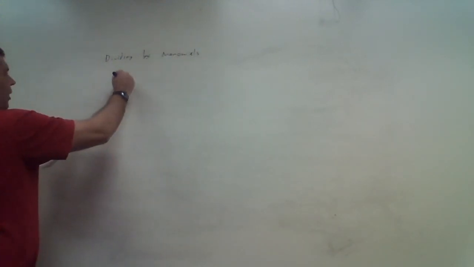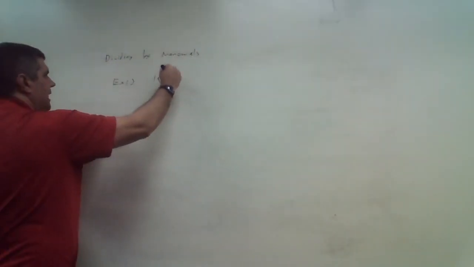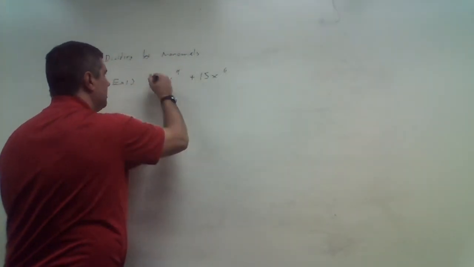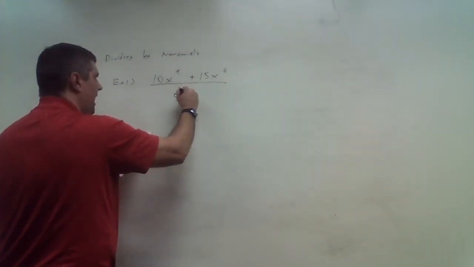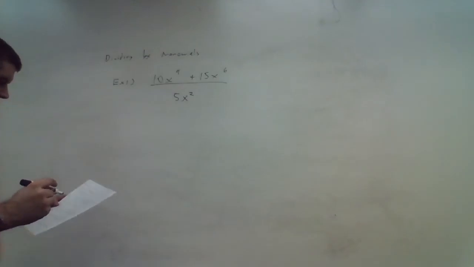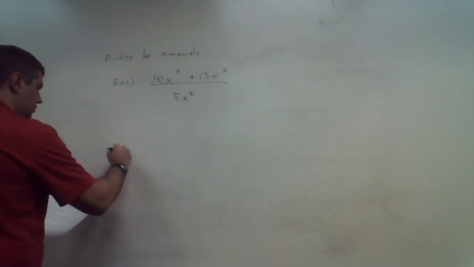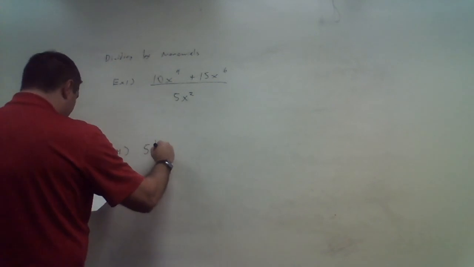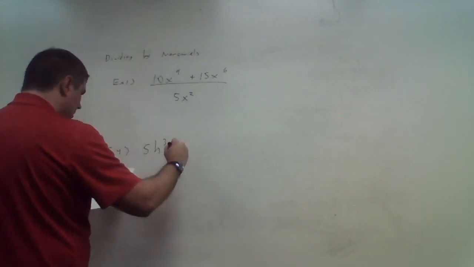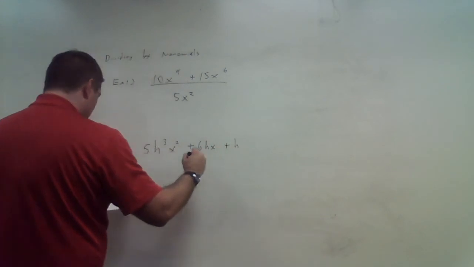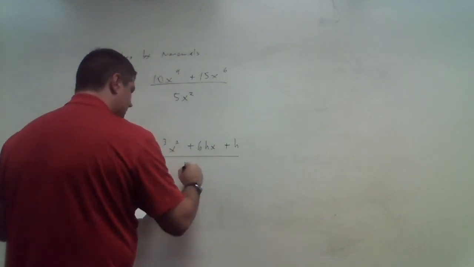So, example 1, 10x to the 9th plus 15x to the 6th over 5x squared. I will also be talking about example 4, 5h cubed x squared plus 6hx plus h over h.